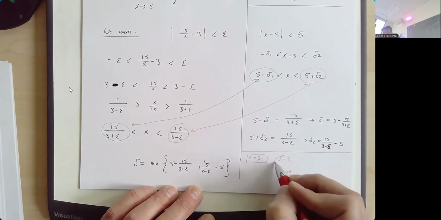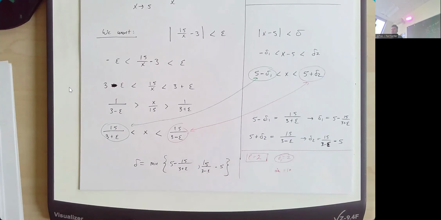So clearly this is the smaller choice. And it really does work as long as you're not picking something too far beyond where things might be undefined. Like I shouldn't be picking any epsilon equal to or greater than 3, because that would be problematic. But if you pick an epsilon within the range of reasonability, you can figure out which of those deltas is smaller, which I think is neat, but is probably not super necessary.